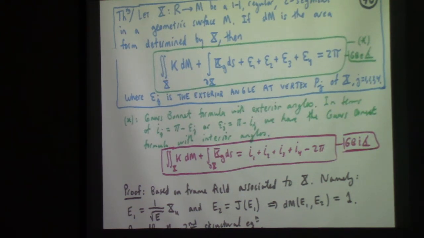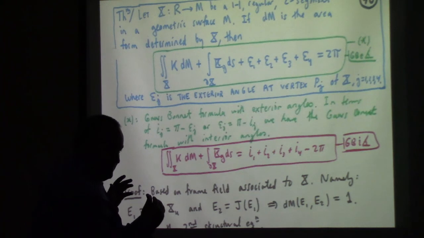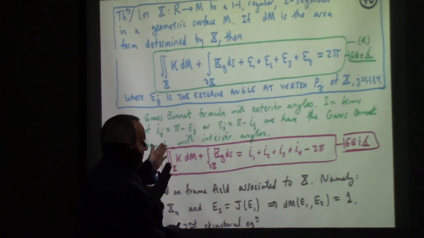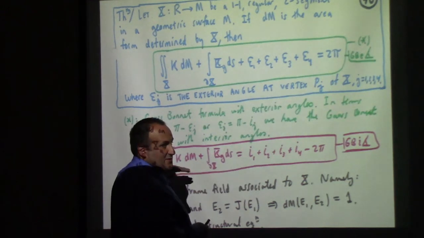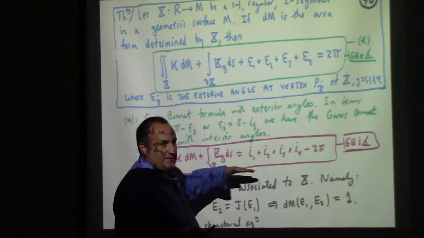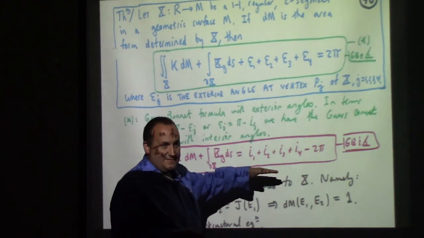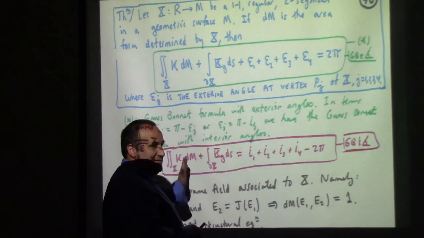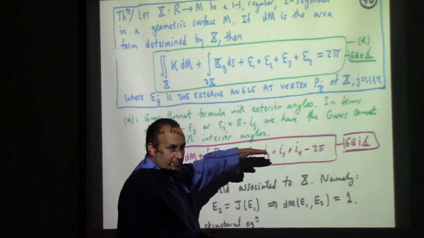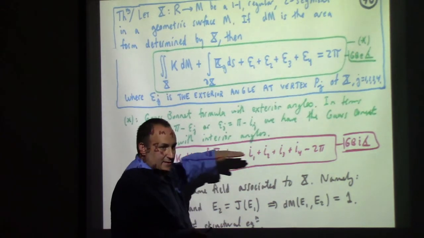For example, for a dumb example, take a rectangle in the plane, right? What's the geodesic curvature of the straight lines that make the edge of the rectangle? Kappa G is 0. They're lines in a plane. They're geodesics.